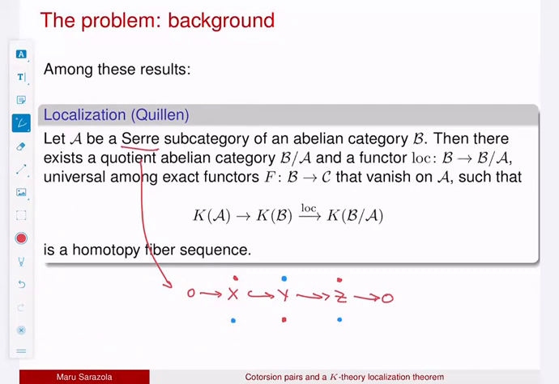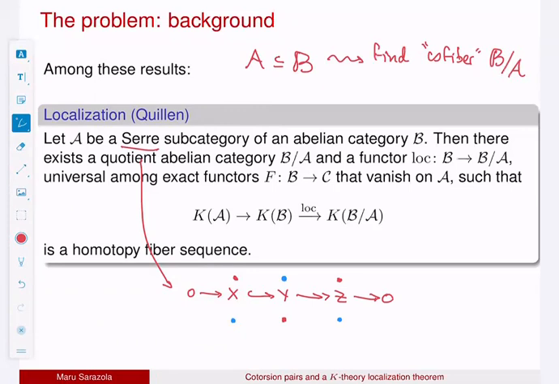So this is Quillen's localization theorem. So basically, it's telling us if we have an inclusion of categories where A is Serre, then you can find this cofiber category B over A that's going to fit in the cofiber spot of a homotopy fiber sequence.